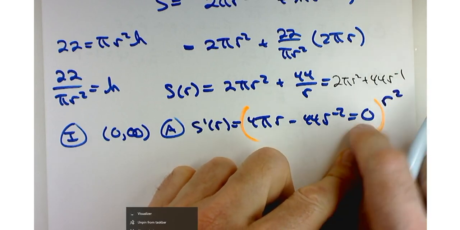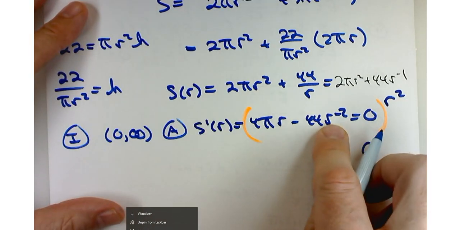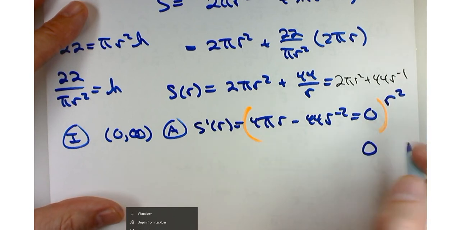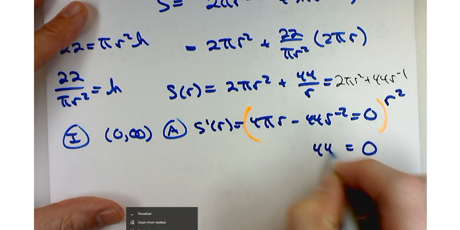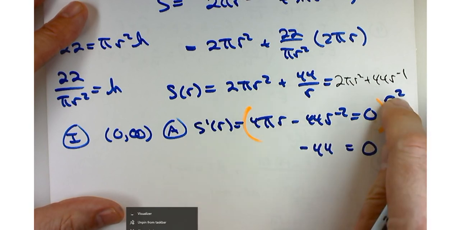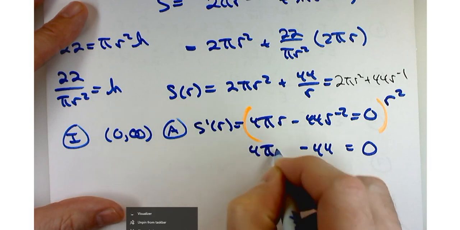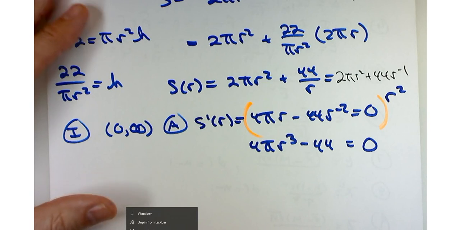R squared times 0, of course, is going to be 0. R squared times r to the negative second, add the exponents, I'll get r to the 0 power, which is just going to leave me with a 1 there, times 44. R squared times that gives me an r cubed. So 4 pi r cubed minus 44.